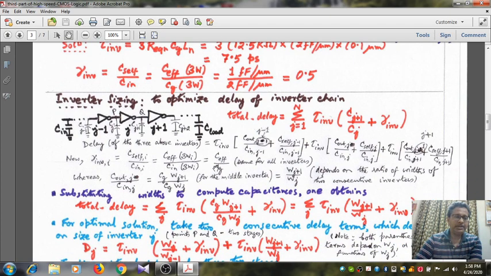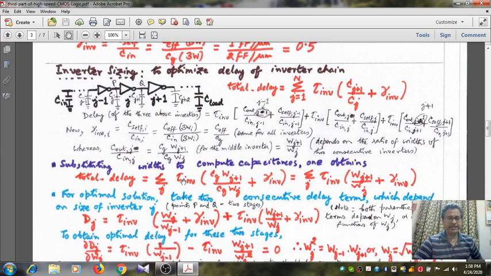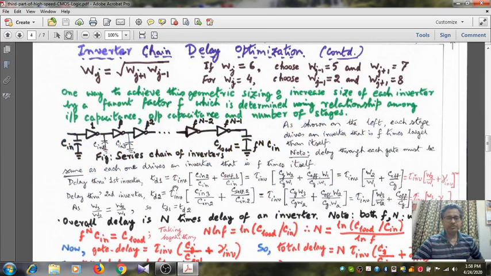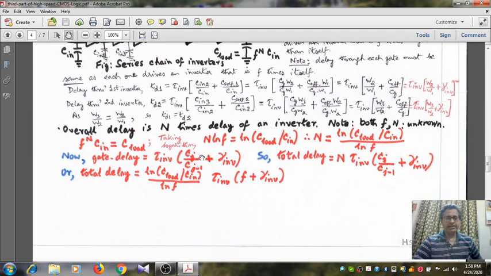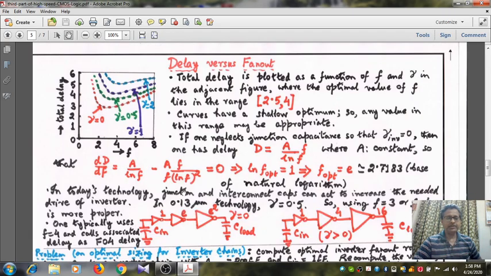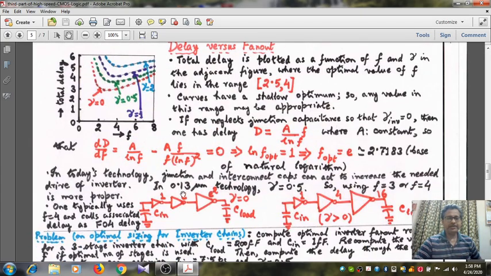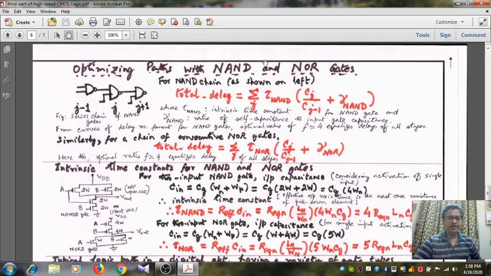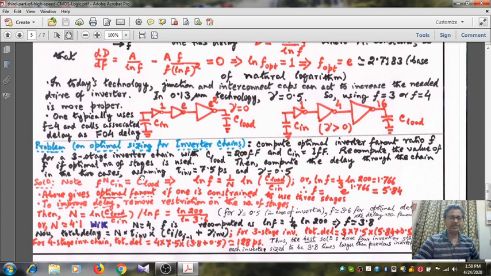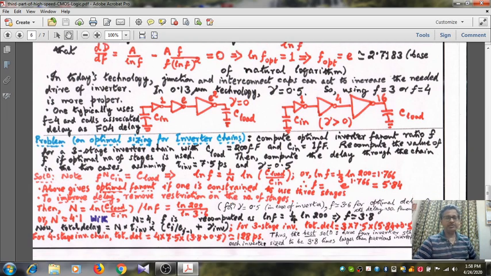We have to find out the fan out factor and the number n, knowing for sure that F will be the same for each stage, and we have to calculate the nth root of this. And this is the expression that you have got for the total delay. Then from here we found the delay versus fan out curve, and the inverter chain length required so that you get optimal delay. We found that it's 4.